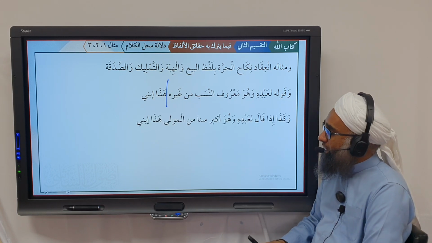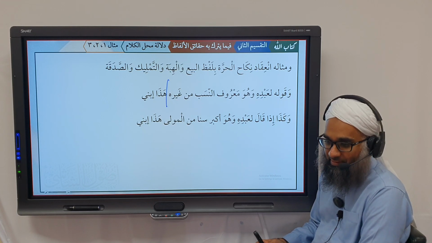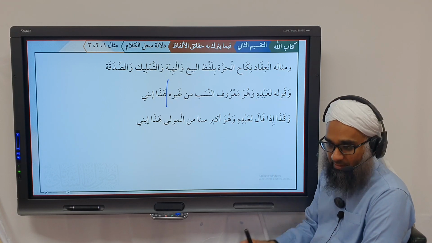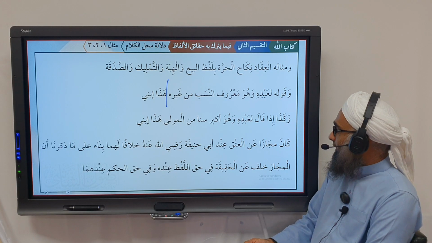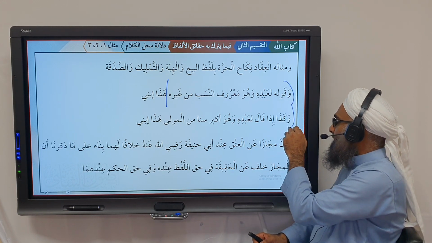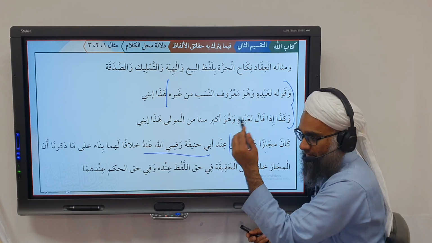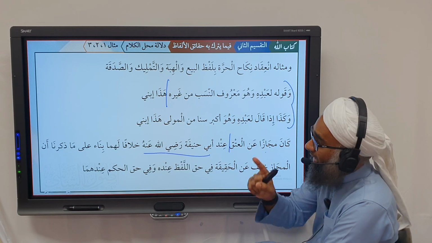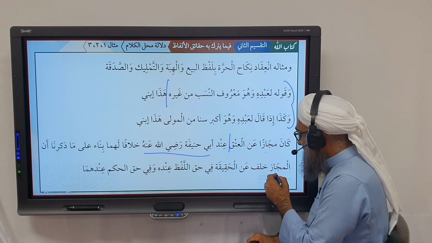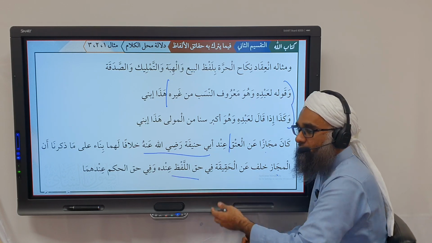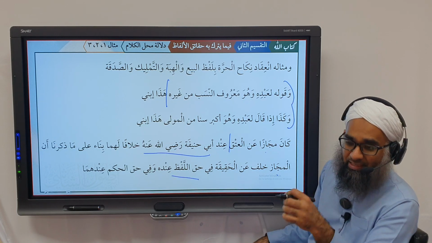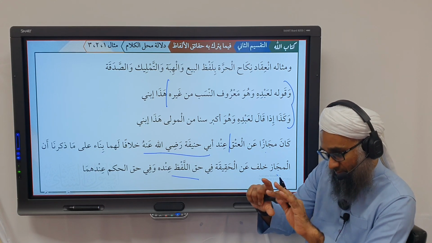وكذا إذا قال لأبده وهو أكبر سنا من المولى هذا ابني. Sahibain will say it's a lagwa, Imam Sahib will say it counts. Yes? Kana majazan. In these two situations, this will be majaz for itq, according to Abu Hanifa rahmatullahi alayhi, khilafan sahibain. Because sahibain say what? Ala ma dhakarna. Sahibain say that majaz is khalf al-haqiqah fi al-lafz. Imam Abu Hanifa rahmatullahi said the lafz is sahih, hada ibni is sahih, lughatan nuskan.